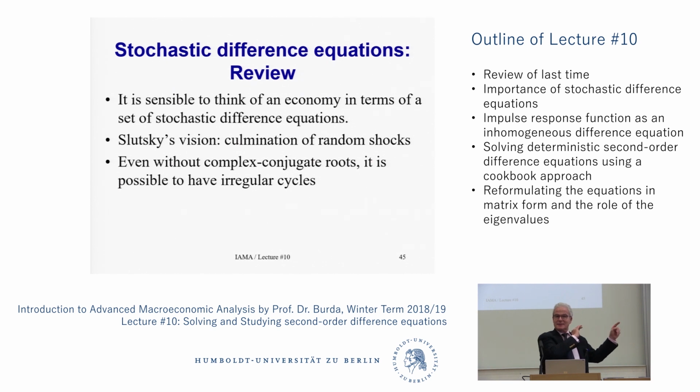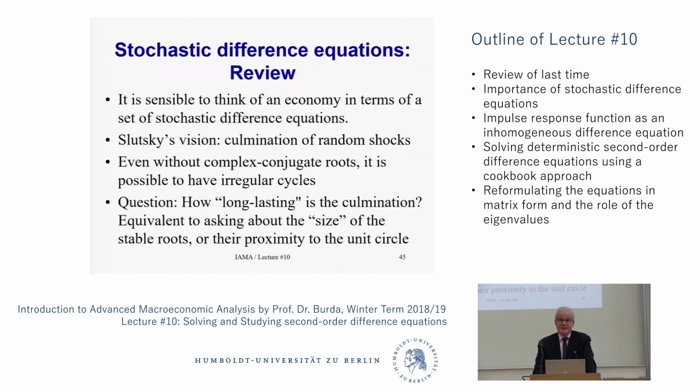But in fact, every year, every day, the German economy, the American economy gets hit by shocks, and that's what makes it irregular. But the complex conjugate gives us more interesting dynamics, possibly, and it tells us how long it takes for the shock to be worked through. So obviously, if you have complex conjugate roots, you're going to have an interesting dynamic, even working through one shock.